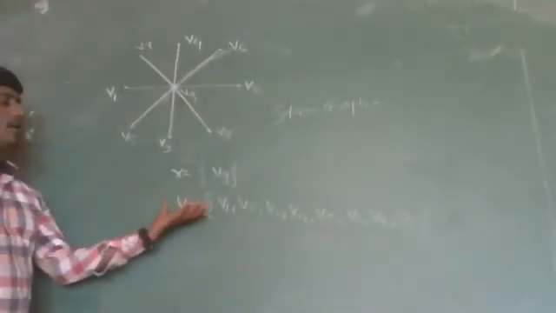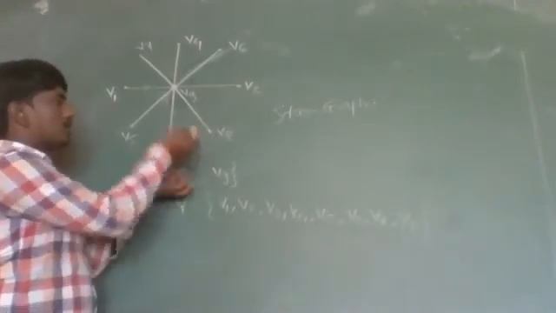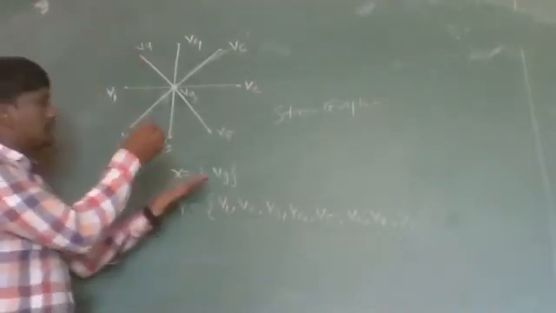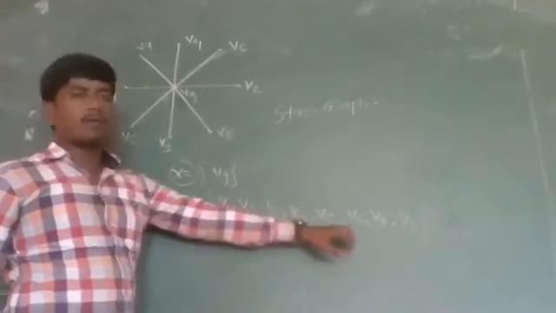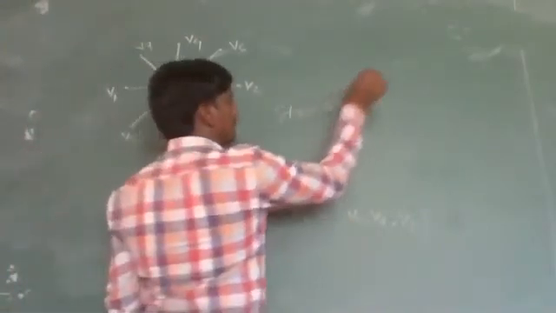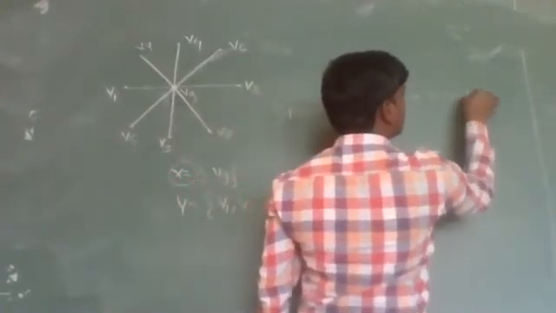So here we can clearly find the two subsets X and Y whose union is the original vertex set V, and each vertex in X is joined to every vertex of Y. So this one is a complete bipartite graph. The star graph is a complete bipartite graph.